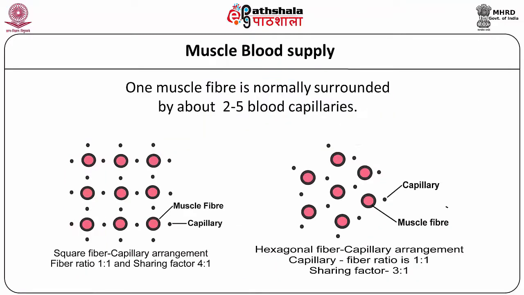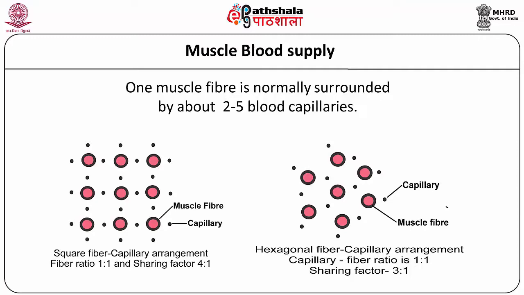Next, let us come to the blood supply. Muscles look red because they are abundantly supplied by blood. It is normally seen that the blood supply has two types of arrangement. One is a square type of arrangement, another is hexagonal arrangement.